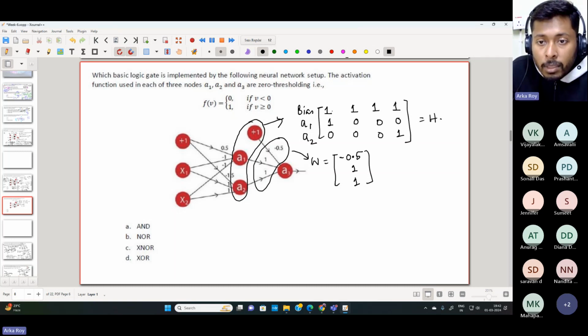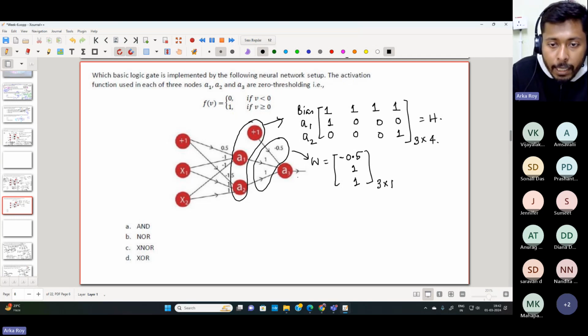So this has a size of 3 cross 4 over here, and this is a size of 3 cross 1. And A3, you can see, will give you a single value, right?